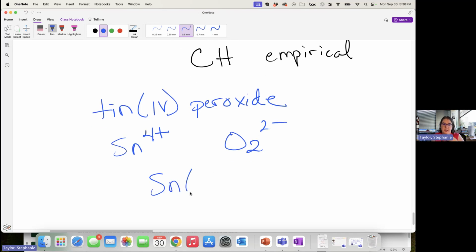You would write it out like this, because I have to have 2 peroxide units to balance the +4 of tin. So these can get a little bit strange. But you might also notice that I don't have to do 2 tins and 4 peroxides, right? So I can still keep that empirical idea, but I'm still going to keep my peroxides together to demonstrate that that's a polyatomic ion.